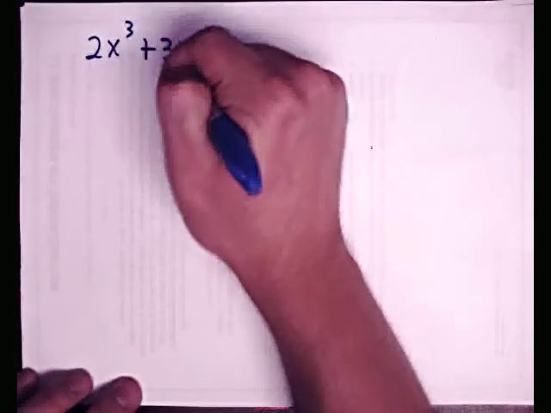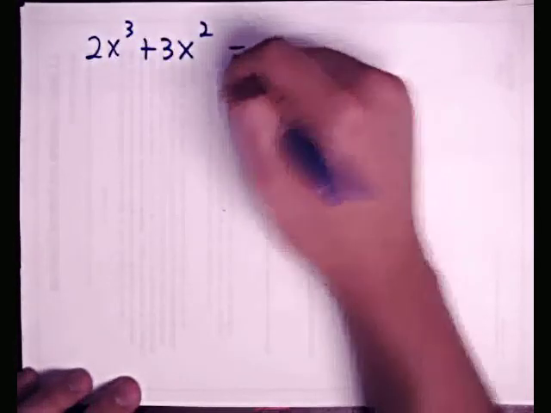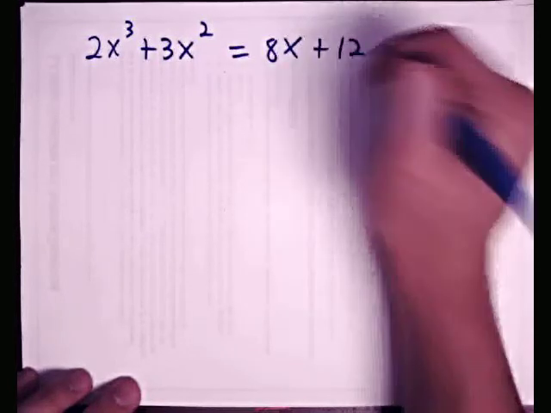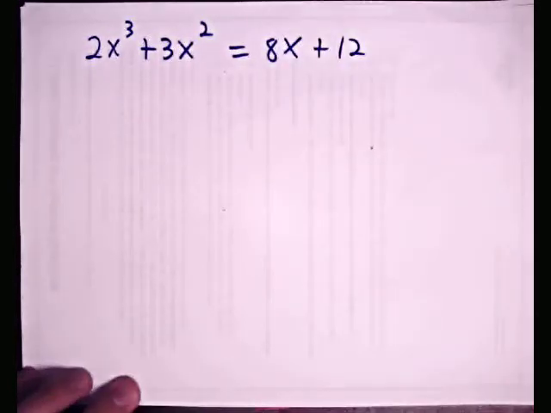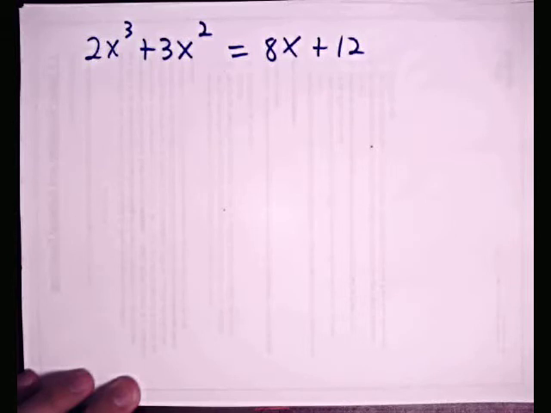Example 1b, we have 2x cubed plus 3x squared equals 8x plus 12. Here we have 4 terms, and the type of factoring you should think about whenever you have 4 terms is factoring by grouping.